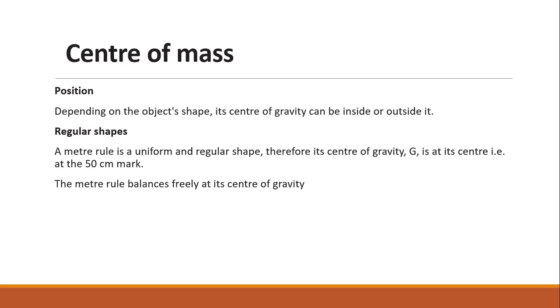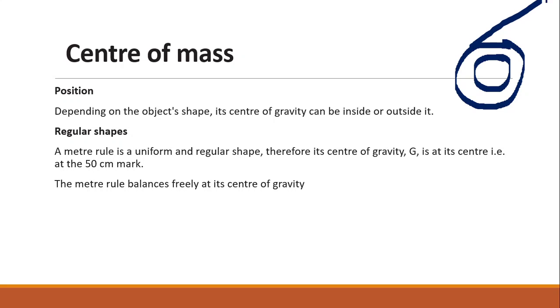Depending on the object's shape, its center of gravity can be inside or outside it. Now, if you think about it, you cannot imagine that. Why do we think that an object's mass, or the accumulative mass, can appear outside the body? But if you consider a hollow cylinder, well, I'm going to draw some diagrams. Let's say this is a hollow cylinder.